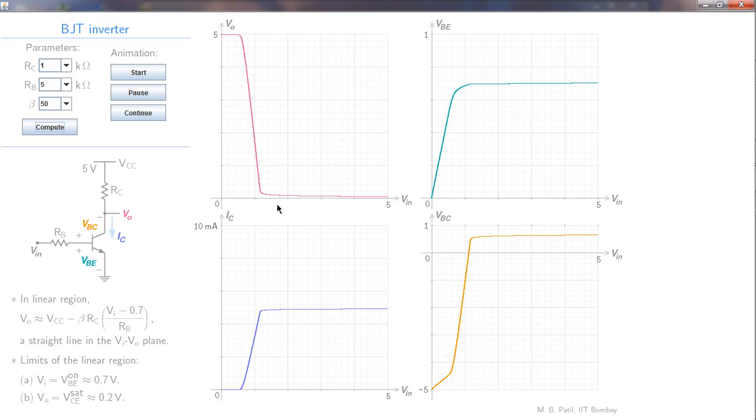Finally, when the transistor enters saturation, at that point the base collector junction is sufficiently forward biased, and that is happening at about this point here. So this is 1 volt, so that is about 0.6 volts, and subsequently with further increase in VI, the base collector junction remains forward biased throughout here.